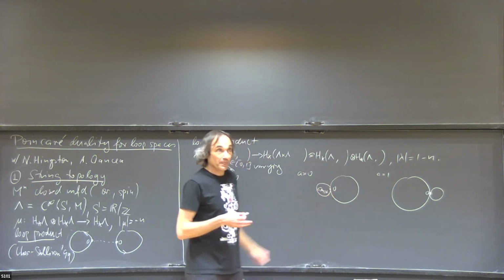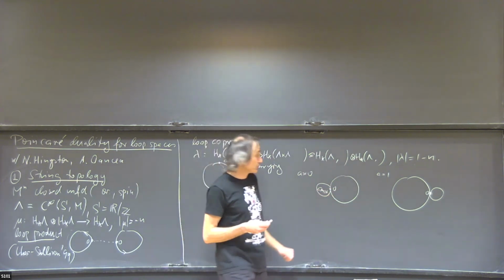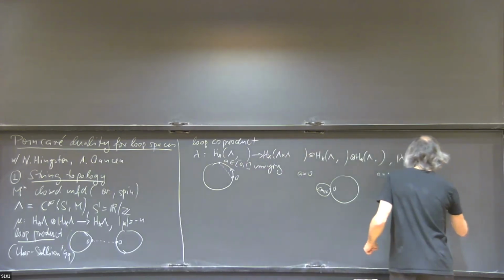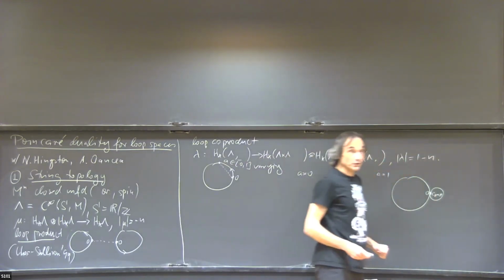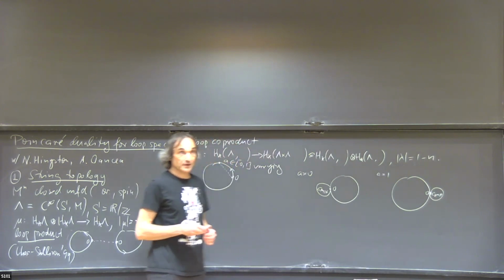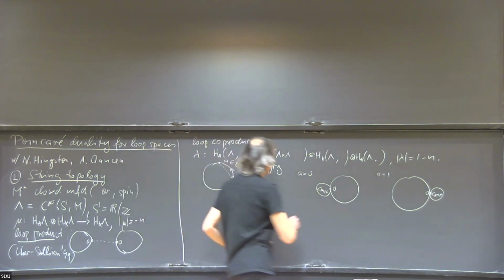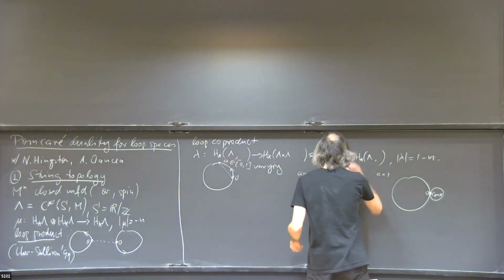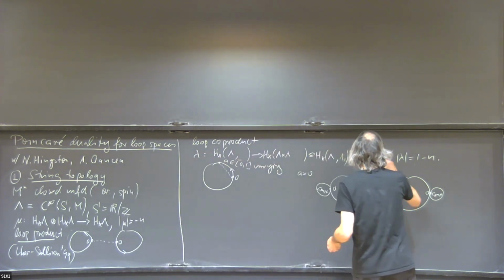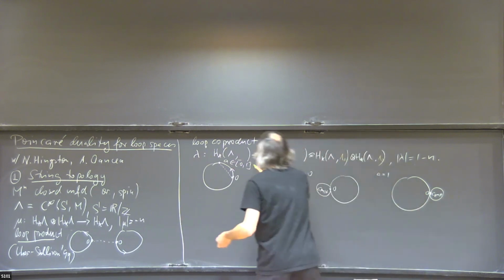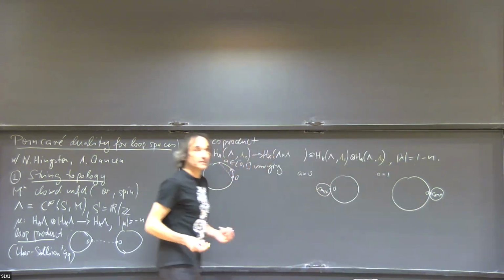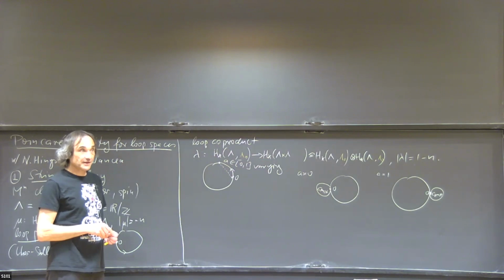So the easy way to make it work is to just mod out all the constant loops. There's still something to be done, but then it's kind of believable.